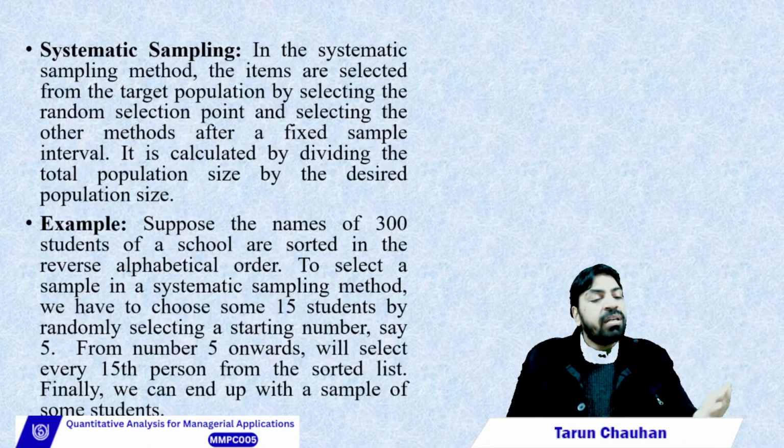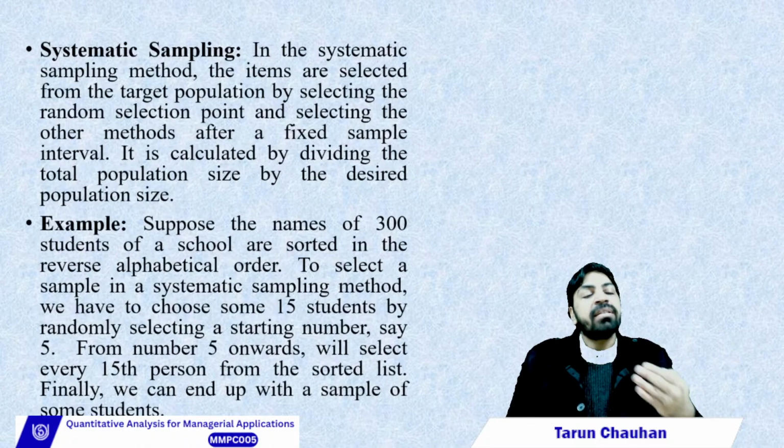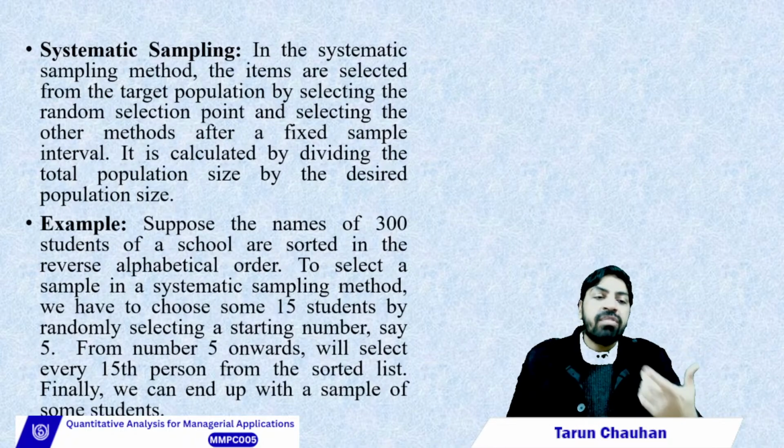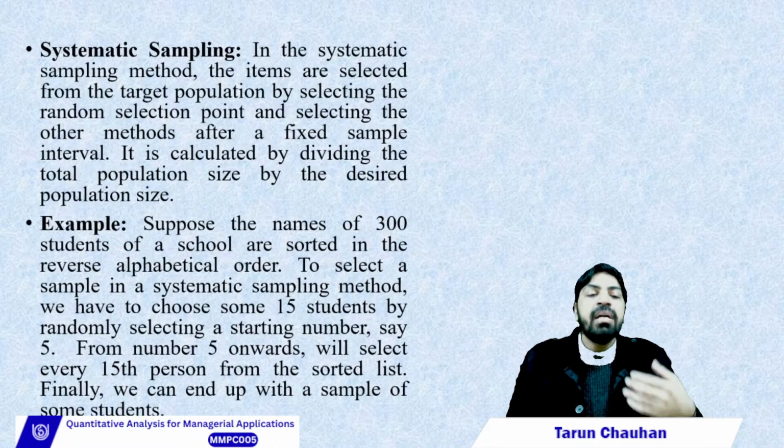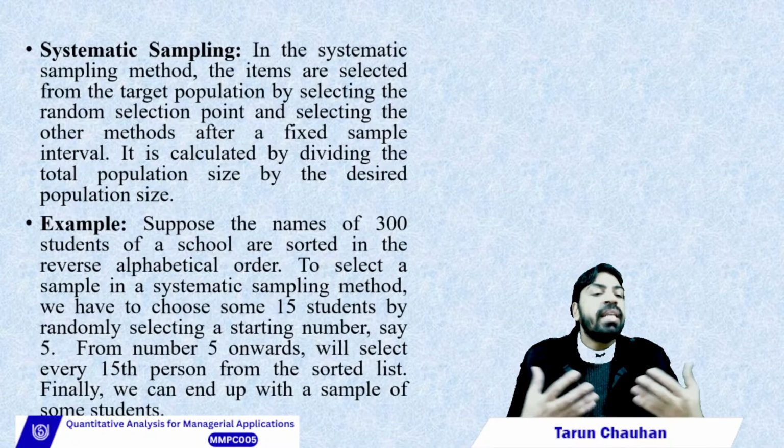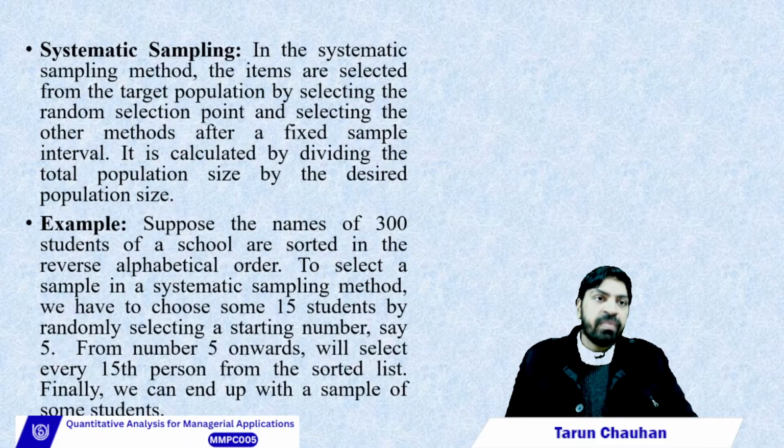From the starting number 2, we select every second item: the 2nd item, then 4th, 6th, 8th, 10th, and accordingly we collect the samples from the selected items only. That is called systematic sampling.